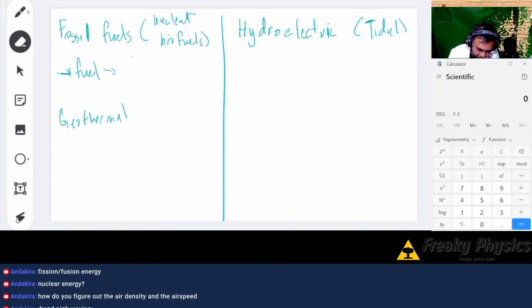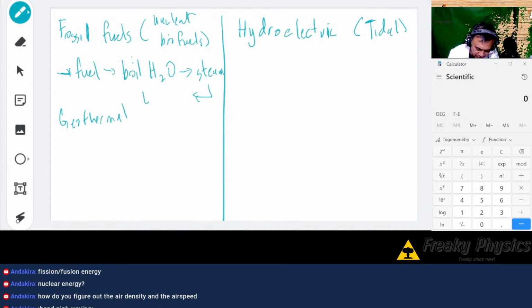So fuel and then boil water, and then that water turns to steam, and then the steam is run through a turbine, and that turbine spins, right? That turbine spinning spins a generator, and then that generator generates electricity.